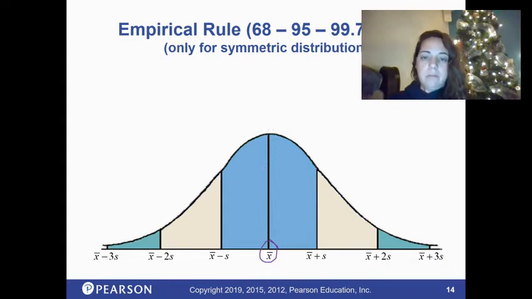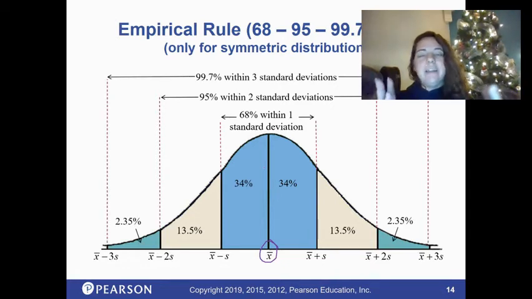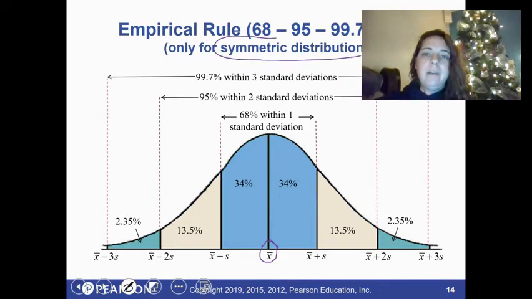If you go up or down another standard deviation, you go out 1 more group, then you're going to hit 95% of the data. And if you go out a third group, you're going to hit 99.7% of the data if you have a symmetric distribution. Okay.